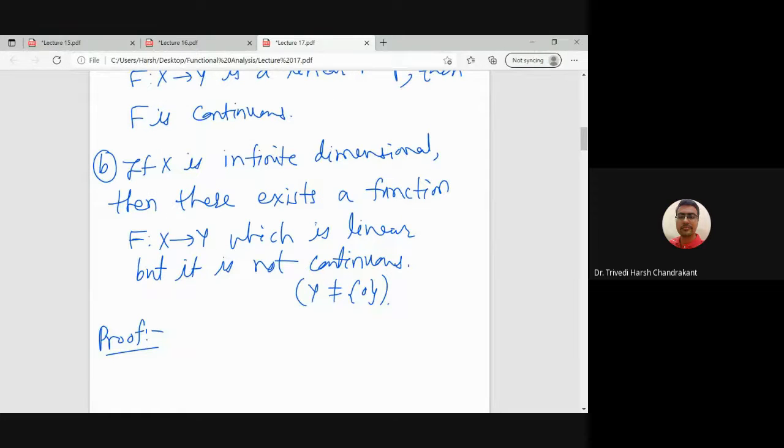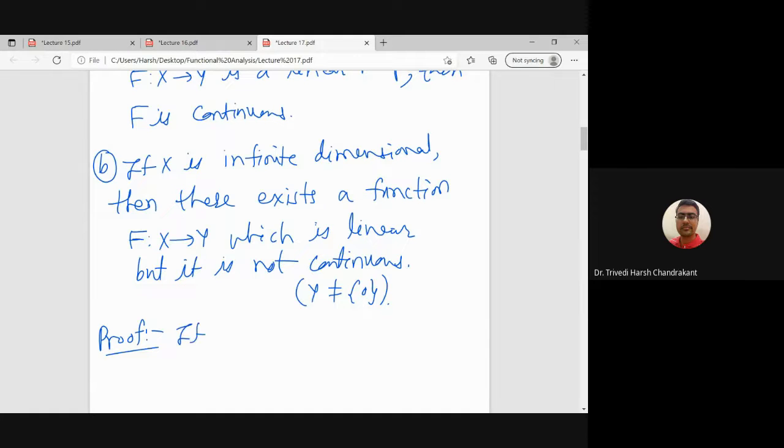So in the first part, we are going to use the finite dimensional vector space. Whenever we have a finite dimensional vector space, we have a basis and we have coordinates.